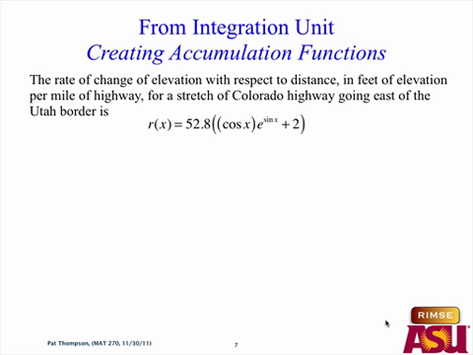So what were the units on this again? This was feet of elevation per 100 feet of road. So this is feet of elevation up and down per 100 feet of road, where x is... this is not right.